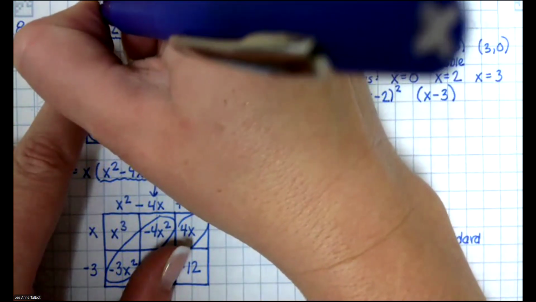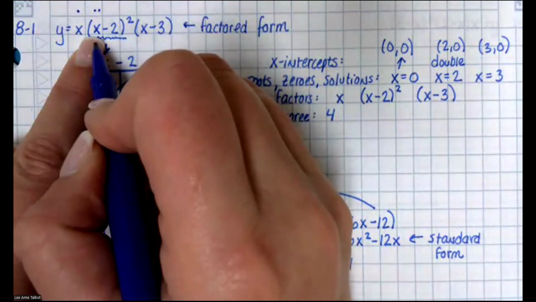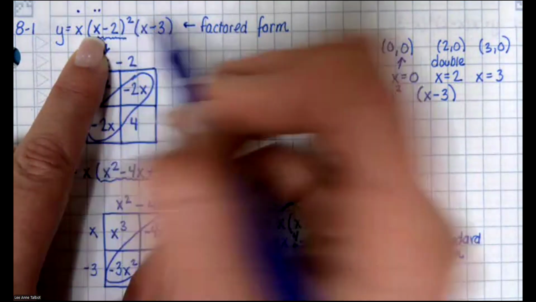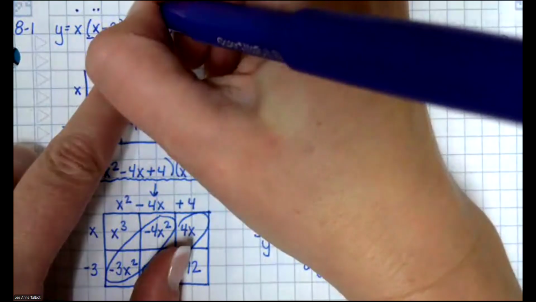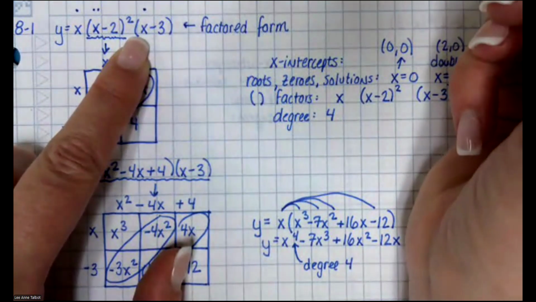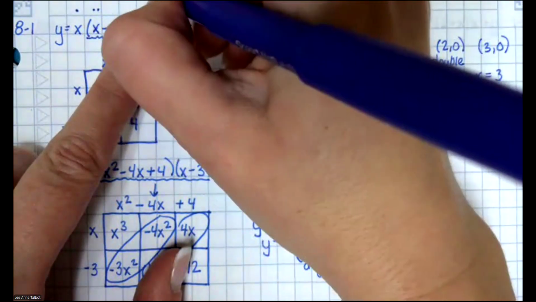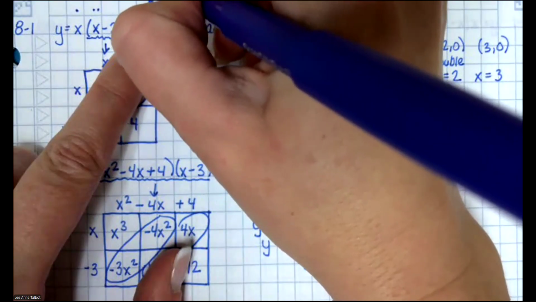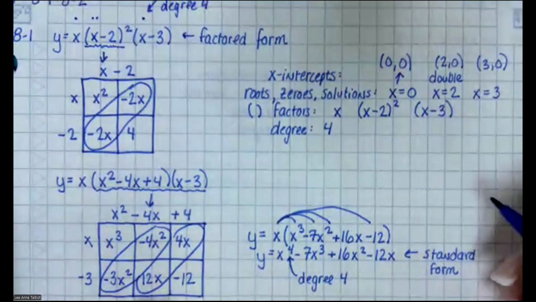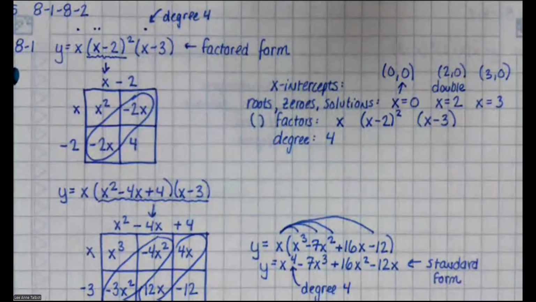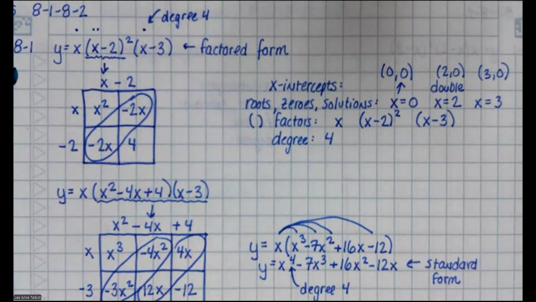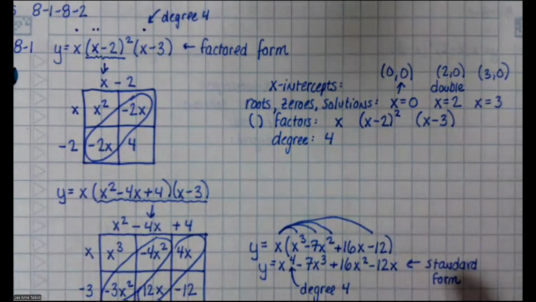Here's 2 x's. Why are there 2 of them here? Because it's squared. And here's 1. So I can tell that it's degree 4 from factored form also, just by counting how many x's are in my factors.